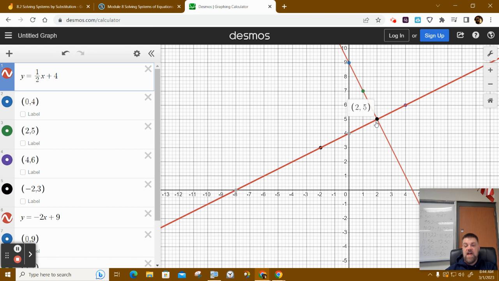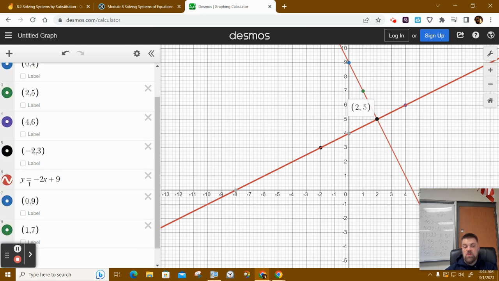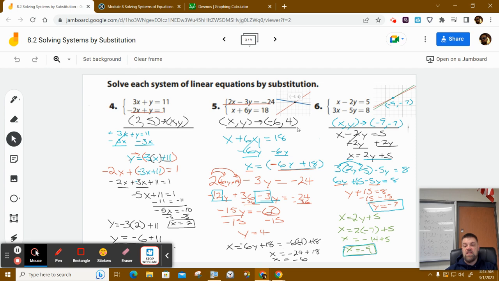But what we're doing now is algebraically trying to find when these have the same x and y. So when I solve this for y and I plug it into this one for y, or vice versa with the x's, the assumption is I'm looking to where they have the same x and the same y. That's the algebra part. The algebra part is taking an equation and solving for x.